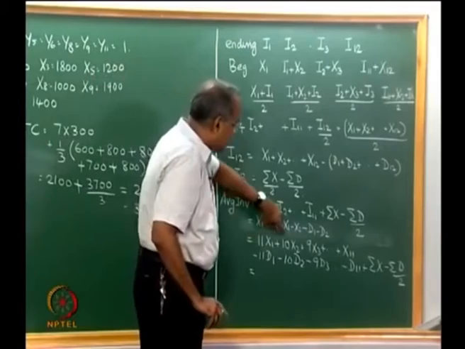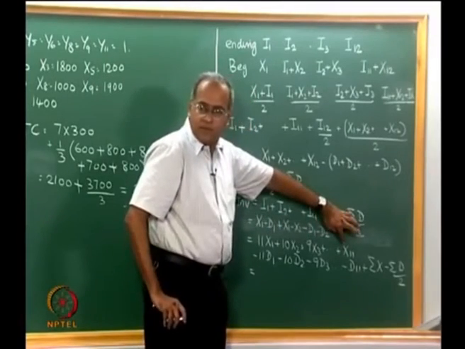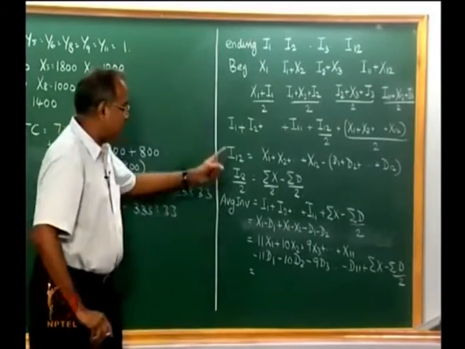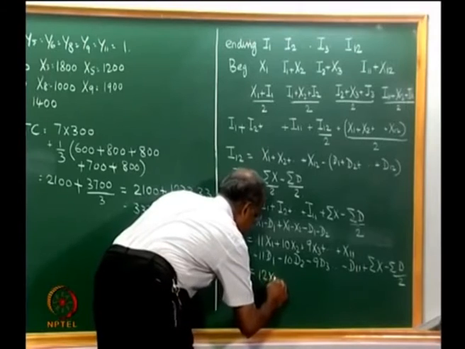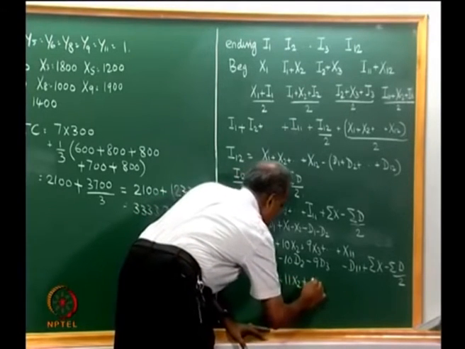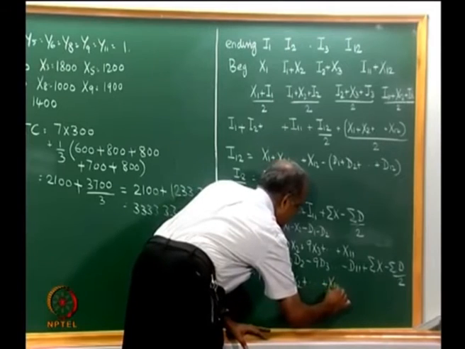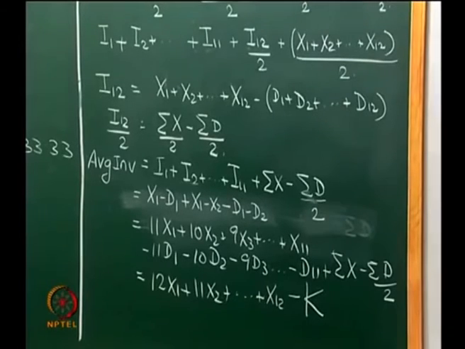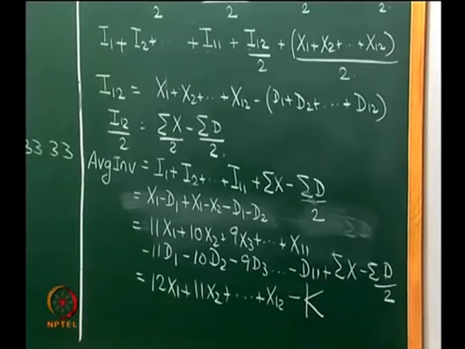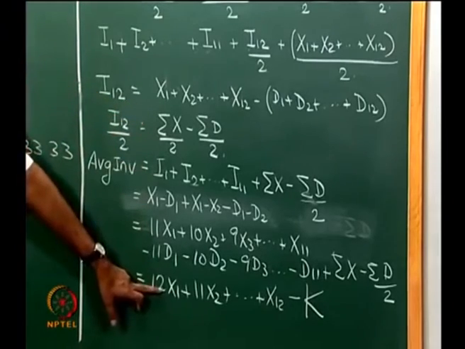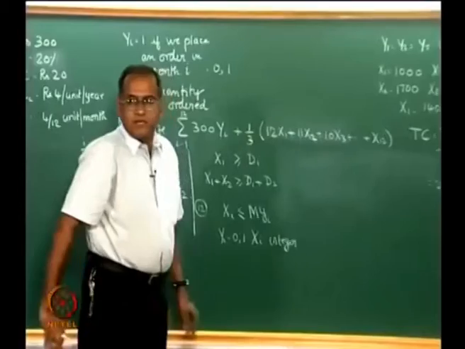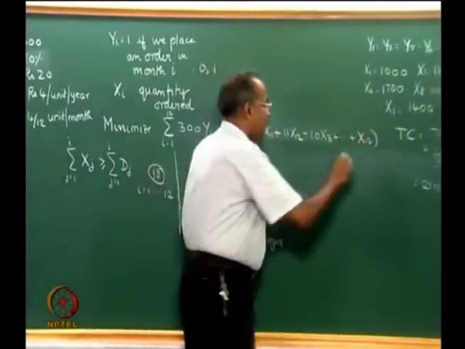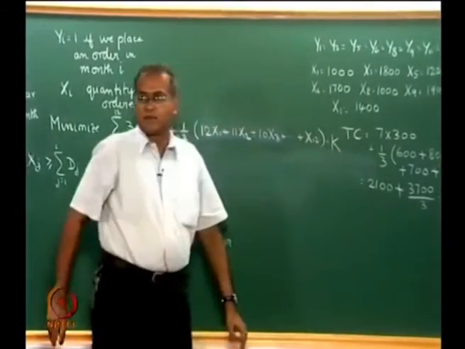So this is 11x1 plus 10x2 plus 9x3 up to x11. Sigma x is x1 plus x2 plus x3 up to x12. So when we add it, we get 12x1 plus 11x2 and so on plus x12, minus a big constant k. So if we write the average inventory term and bring it back to this expression, we should write 1 by 3 into 12x1 plus 11x2 plus 10x3 up to x12 minus some very big constant k.